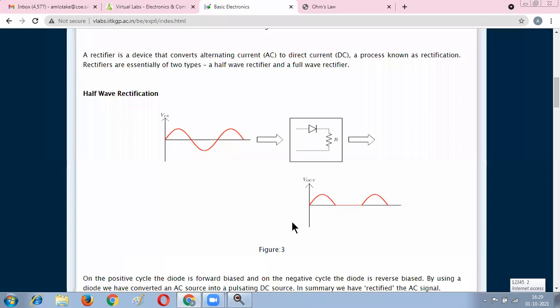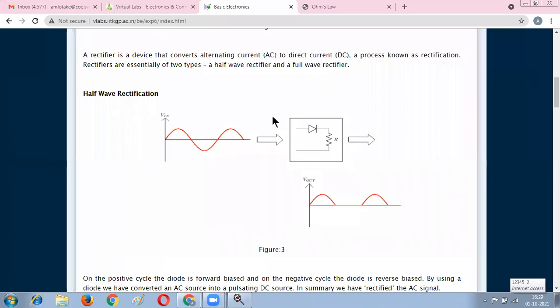From the diagram, you can tell me. You can reply in the chat box. Okay, Aishwarya has told one diode. Yes, only one diode is used for half wave rectification.